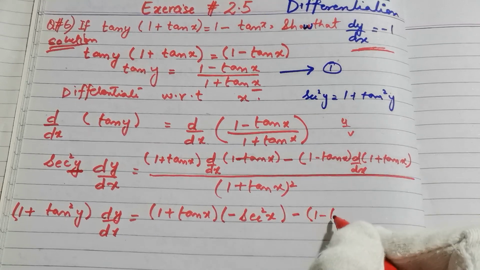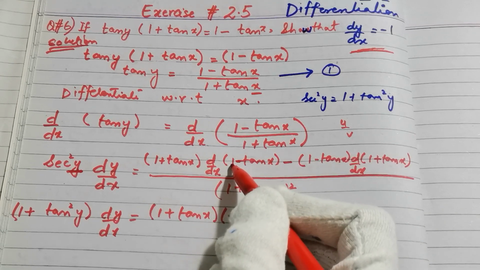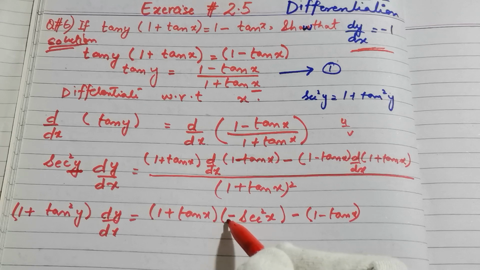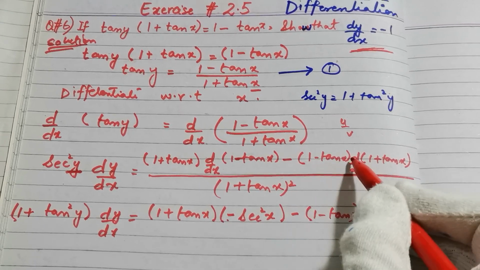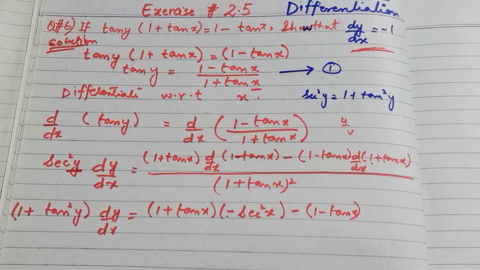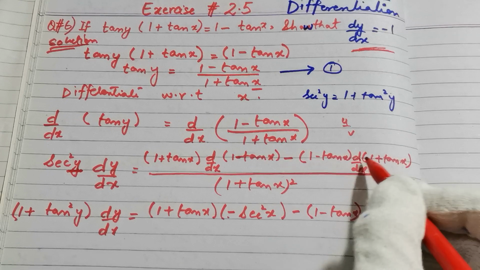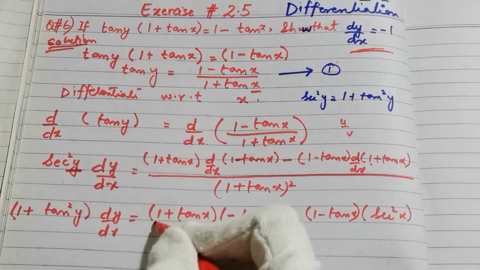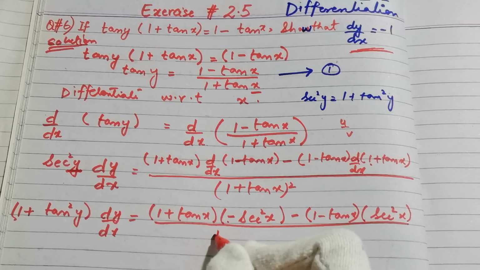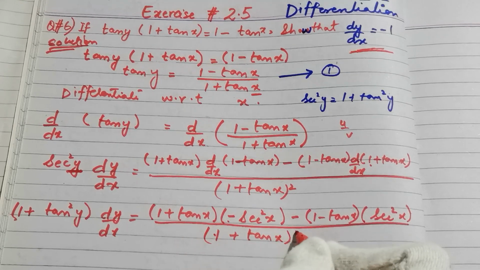Minus 1 minus tan x as it is, and 1 is a constant. The derivative of any constant is 0, so there is no need to write 0. And 1 minus tan x as it is, and the derivative of 1 is 0, plus the derivative of tan x, which is secant square x, over 1 plus tan x whole square.